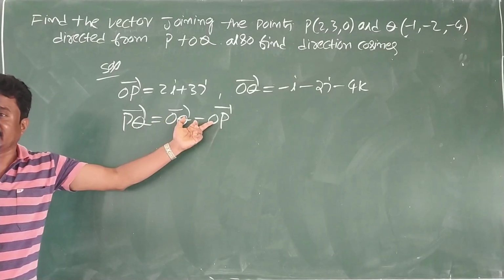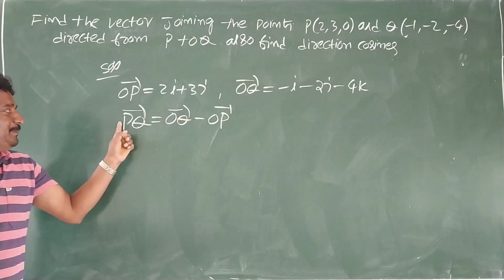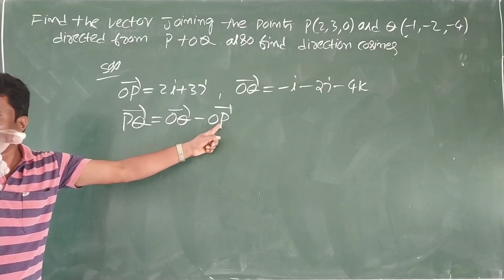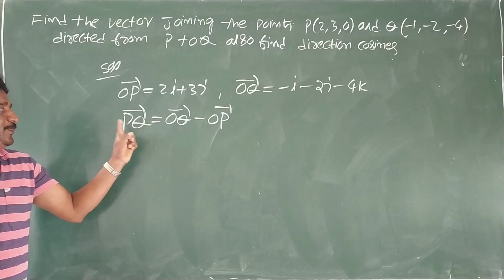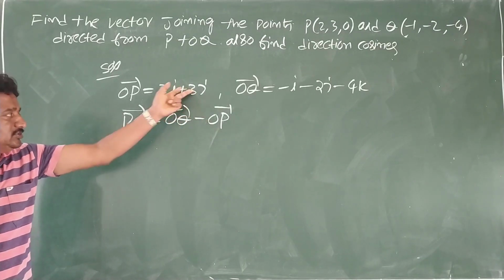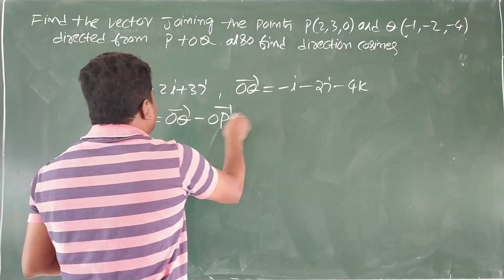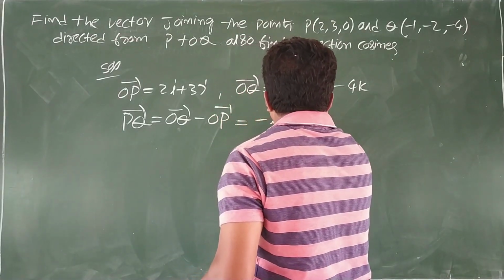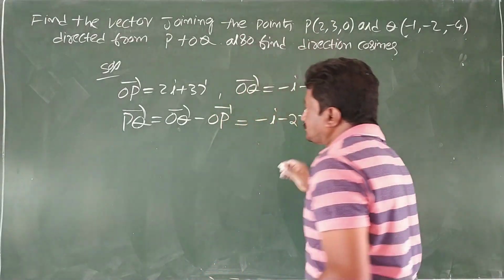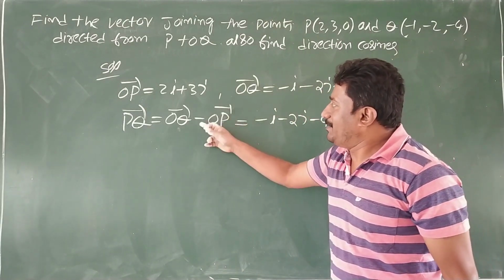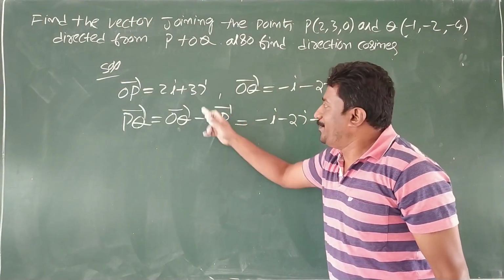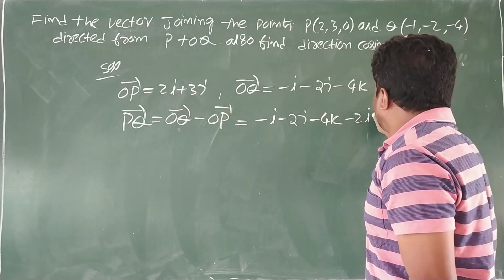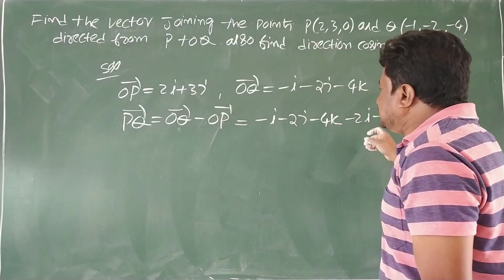PQ means OQ minus OP. Substitute. OQ is minus i, minus 2j, minus 4k. Multiply vector OP by minus: minus 2i, minus 3j. Simplify this.